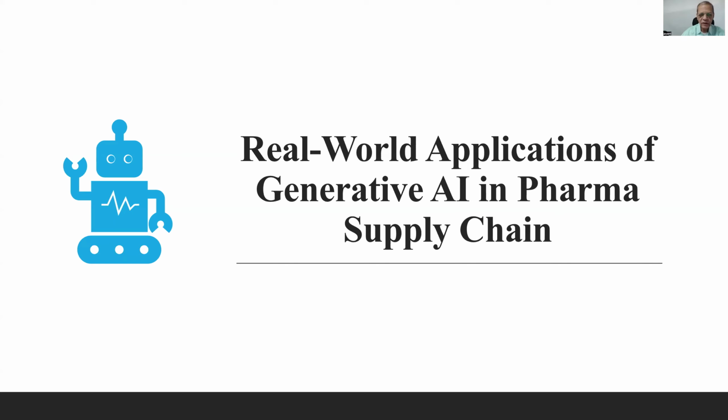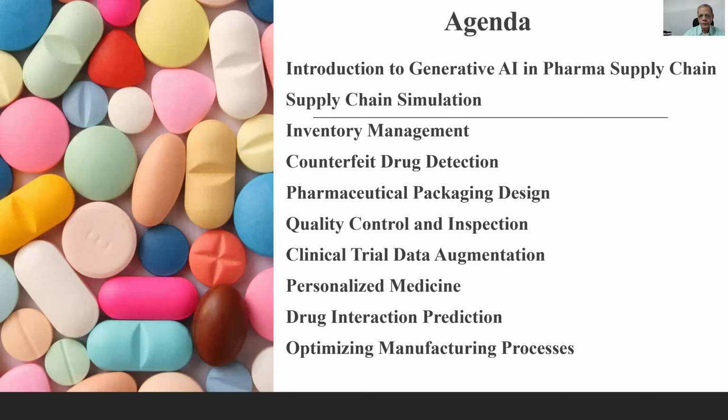I want to discuss real world applications of generative artificial intelligence in pharma supply chain. So let's look at the agenda, what we can discuss. The first one is introduction to generative AI in pharma, supply chain simulation, inventory management.